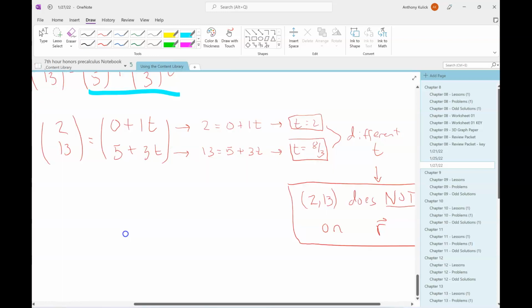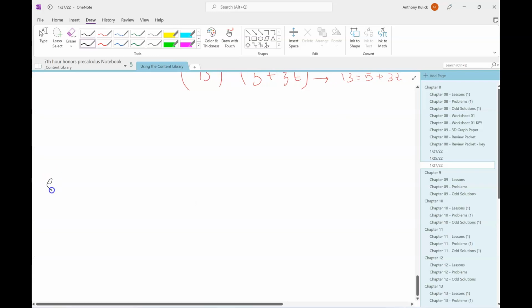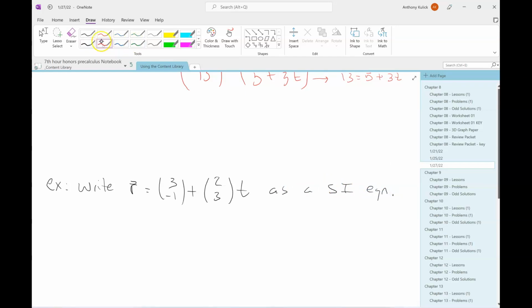Okay. What if we wanted to go the reverse direction? What if we wanted to write the vector line equation as a slope-intercept equation? Well, hopefully we remember from our algebra class that to write a slope-intercept equation, we need 2 pieces of information.